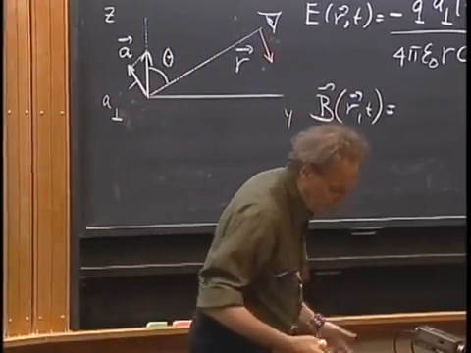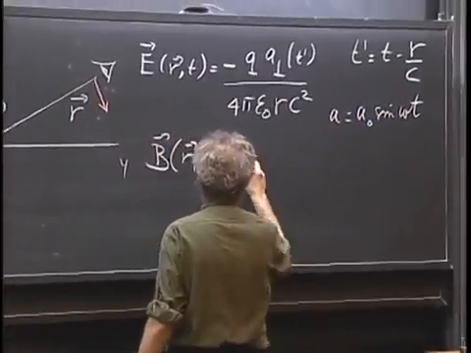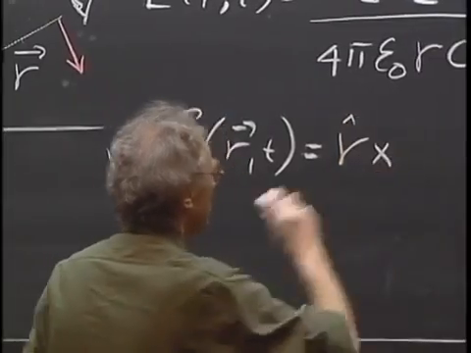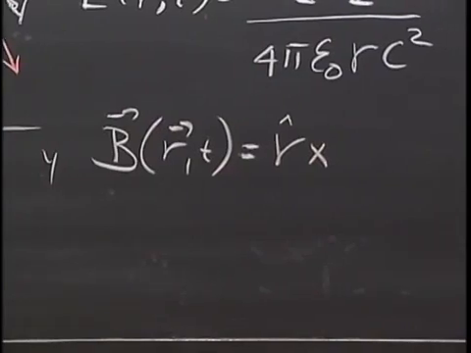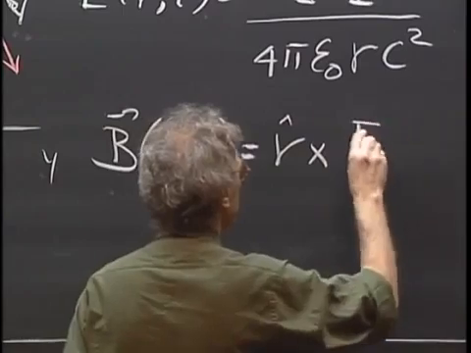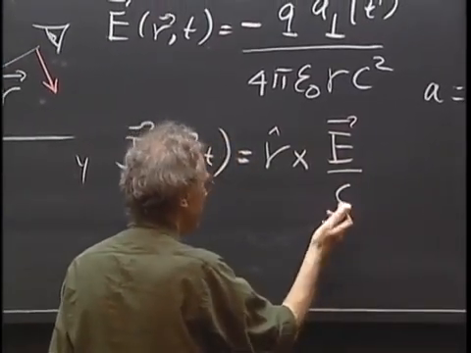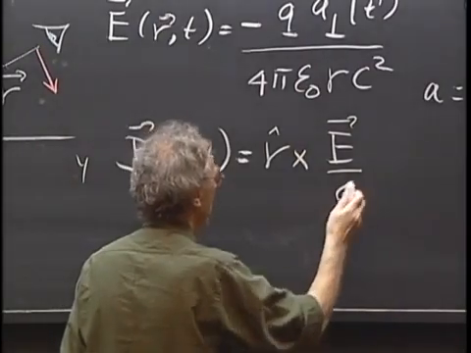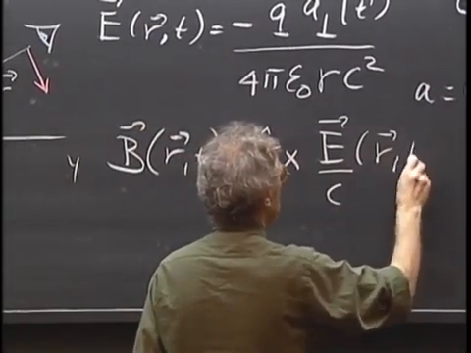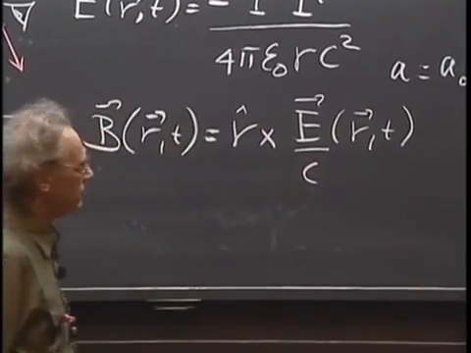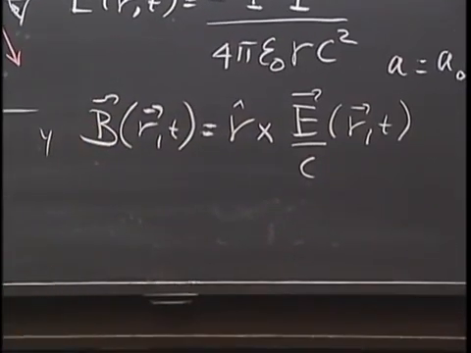And if you take all that into account, then you can write the B vector as the unit vector in the r direction times E divided by c, the speed of light in vacuum, and that is then at r, t. So that's the connection between E and B.